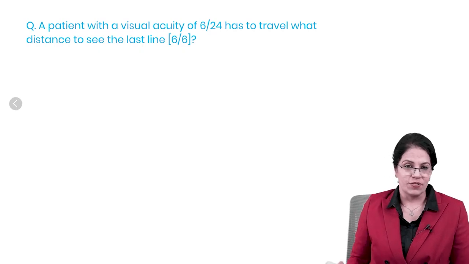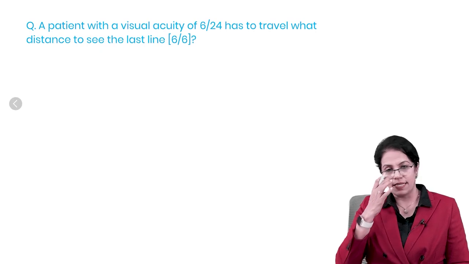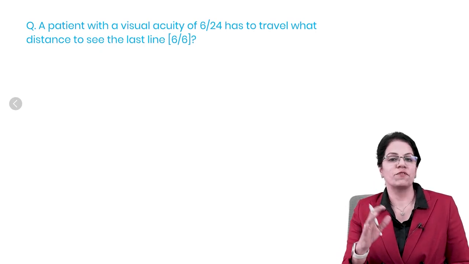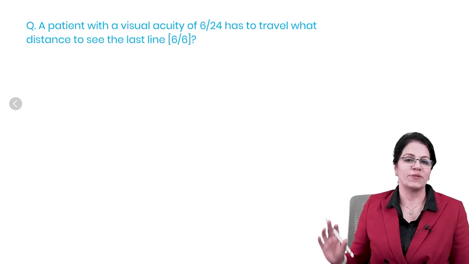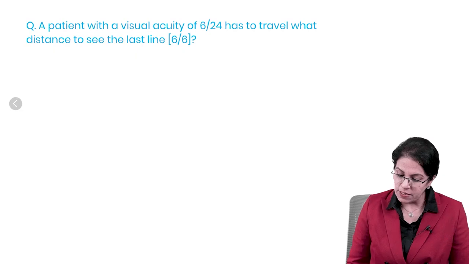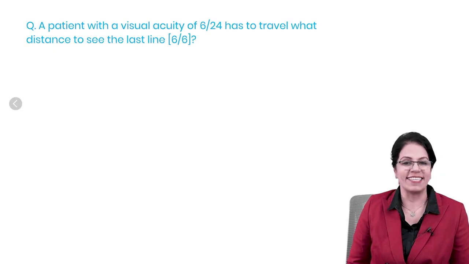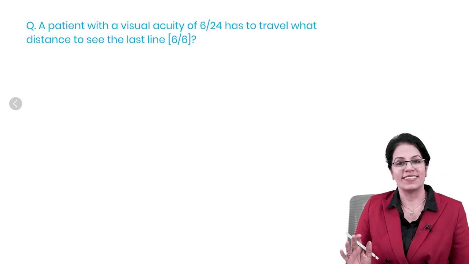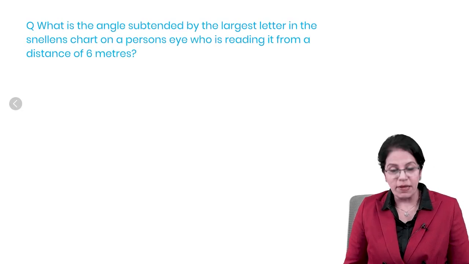So, we come to the next question. Just to understand that the calculations have to be based on minimum angle of resolution. Okay. So, this patient with a visual acuity of 6/24 has to travel what distance to see the last line as 6/6? First, understand the question. Even in the previous question, many people don't understand the question. What was the question?